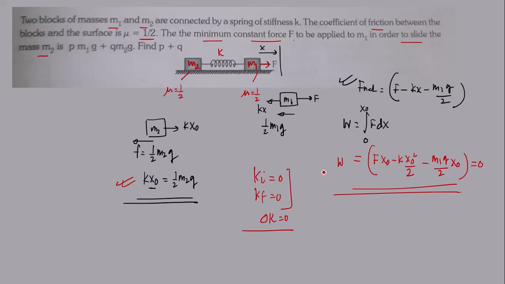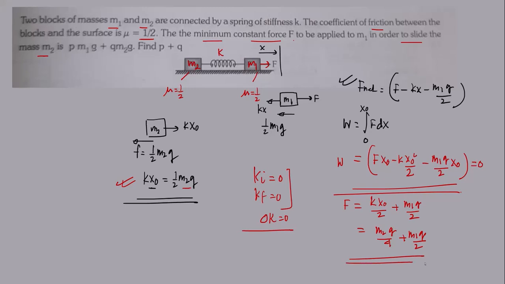That gives the idea of the minimum. If I simplify, x0 cancels out, so F equals K times x0 by 2 plus m1g by 2. Now Kx0 equals m2g by 2, so it becomes m2g by 4 plus m1g by 2.